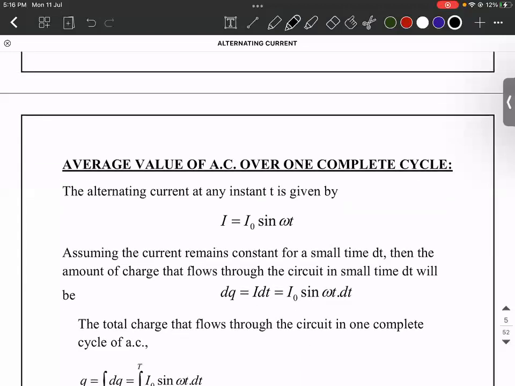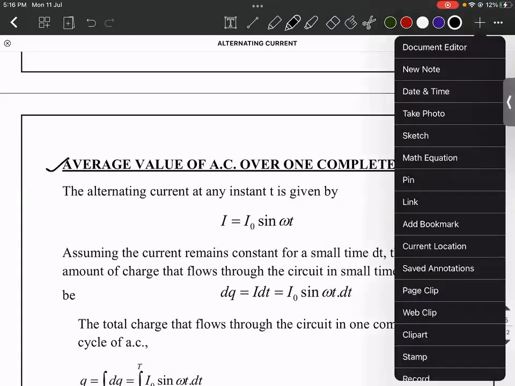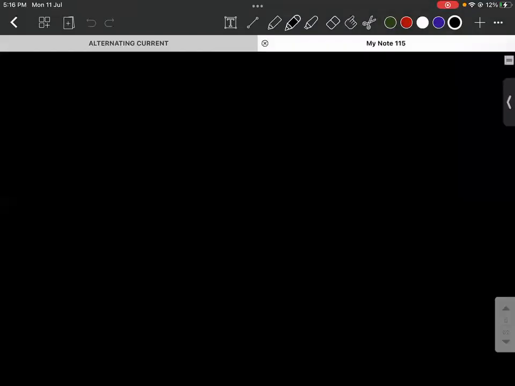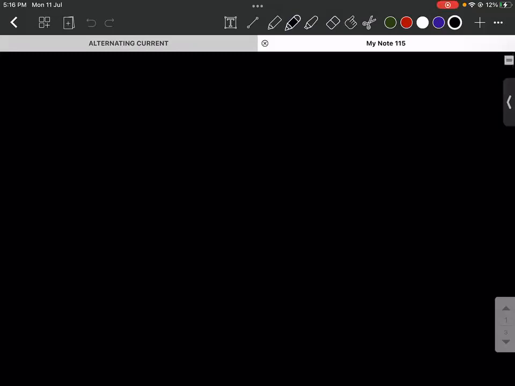So write down the heading: average value of AC over one complete cycle. I would like to give you a disclaimer. Listen, this chapter is not easy. So I want you all to pay maximum attention possible and get your doubts clarified. So concentrate.